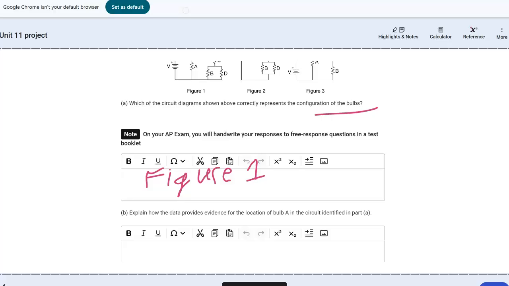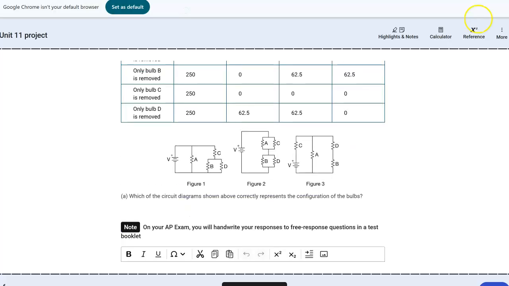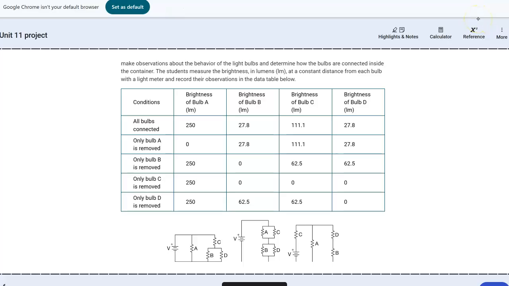Explain how the data provides evidence for the location of bulb A. Okay, well, it's pretty simple, and we kind of just explained that. So let's look at when bulb A is removed. When bulb A is removed, the brightness of B, C, and D are unchanged compared to when all bulbs are connected.